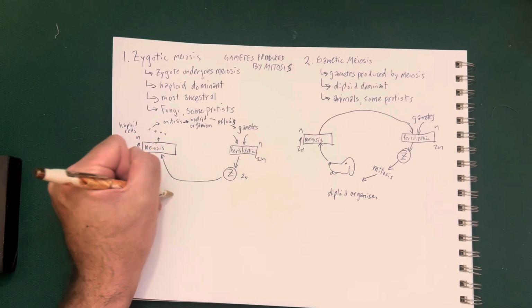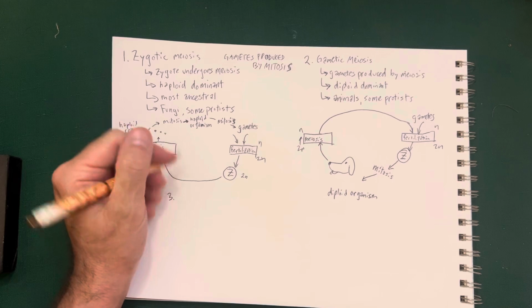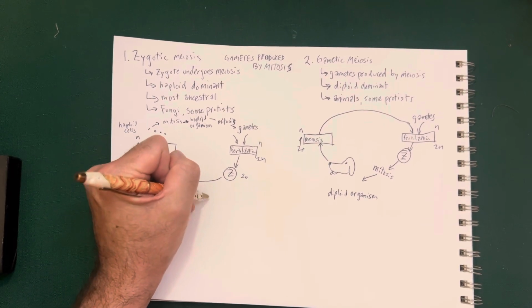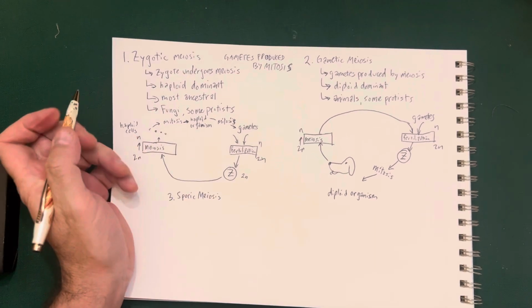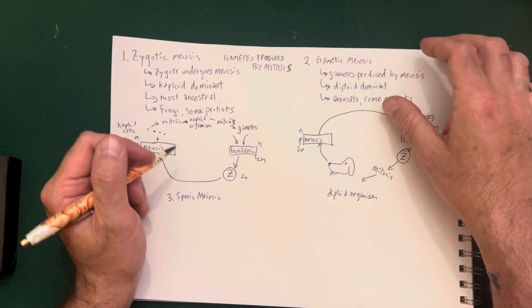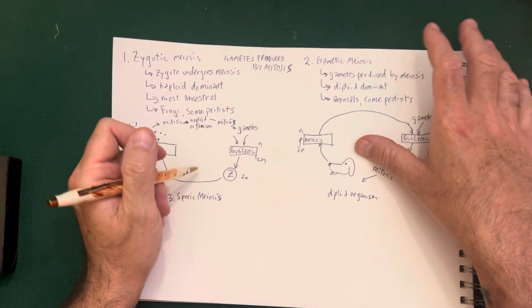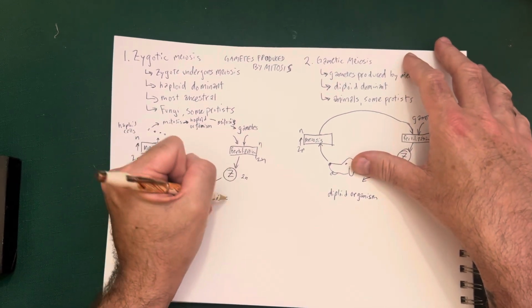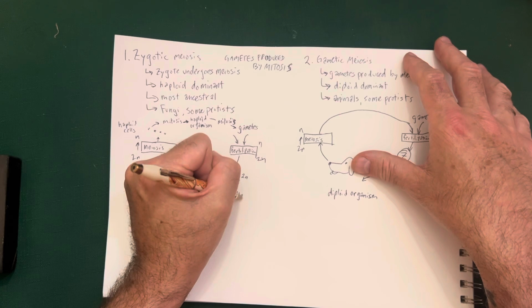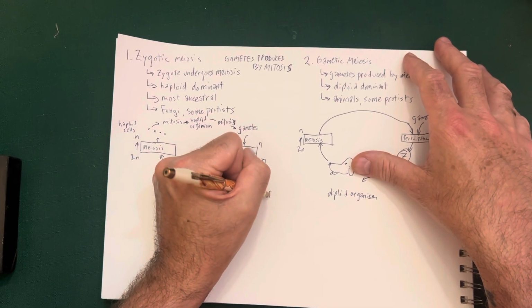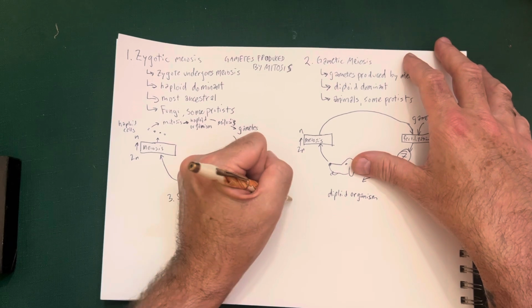Okay, I think I can fit my third one down here. So I will. So sporic meiosis is thought to be the most derived, the most recently evolved of these three forms. It's also known as alternation of generations.